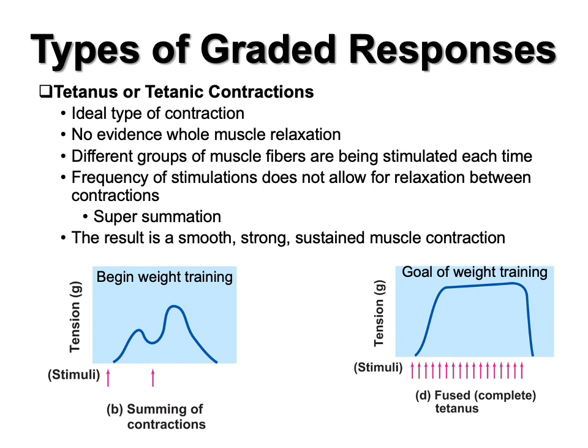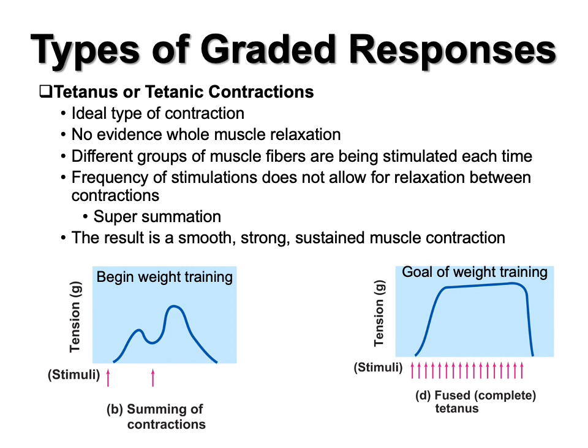This results in a smooth, strong, sustained muscle contraction, which is the goal of weight training. You'll begin your weight training at a summation of contractions where there might be just a tiny bit of sensation of weakness or fatigue while you're holding a weight.